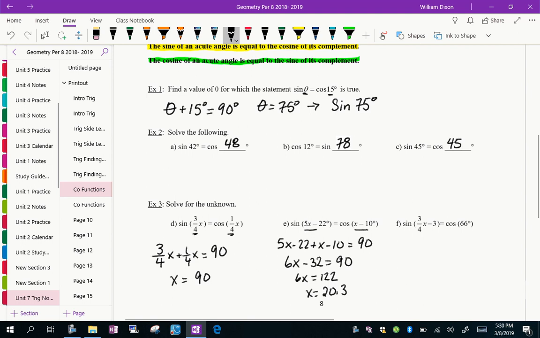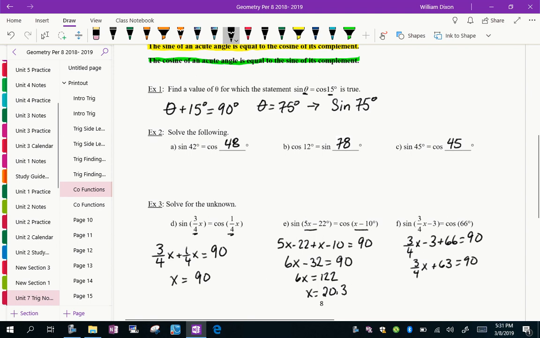My last example is that the sine of 3/4 x minus 3 equals the cosine of 66. Well, again, I'm going to set up my equation, 3/4 x minus 3 plus 66 equals 90. I'm going to do a little cleanup. I'm going to get 3/4 x plus 63 equals 90.